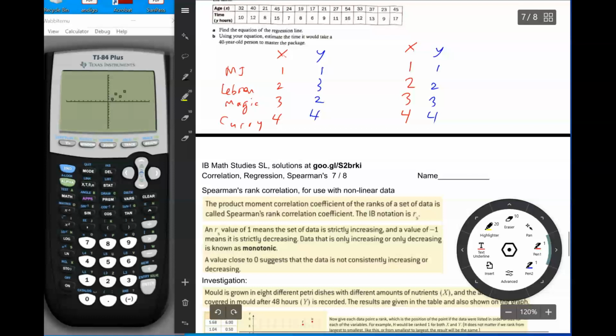But as far as LeBron and Magic Johnson, they differ in their opinions. The red student has numbered LeBron as 2 and Magic as 3, and the blue student has reversed that order. So there is some agreement between them and some disagreement between them.